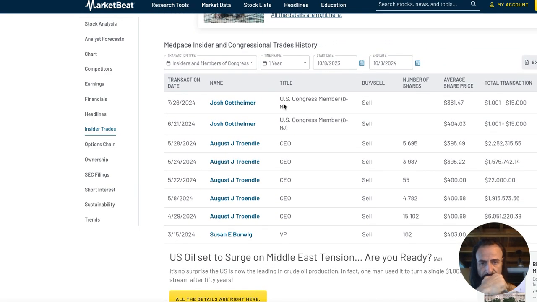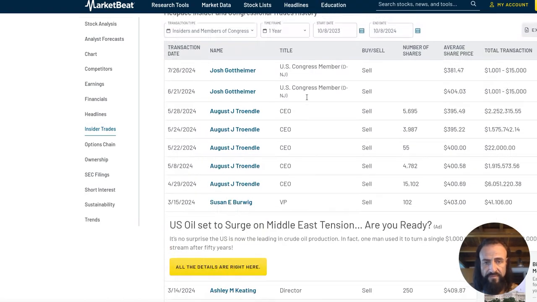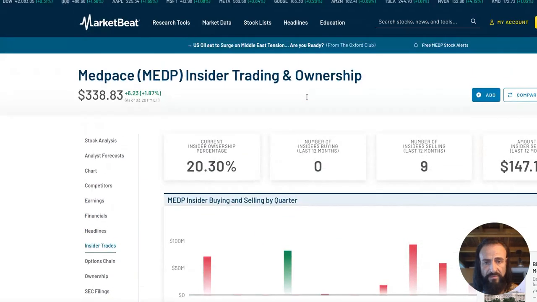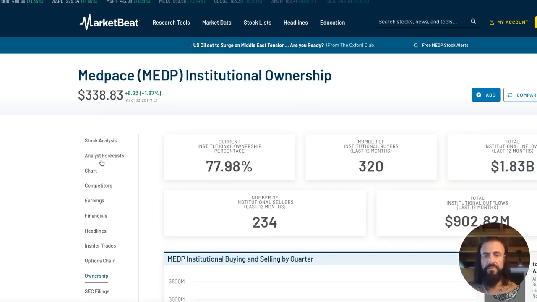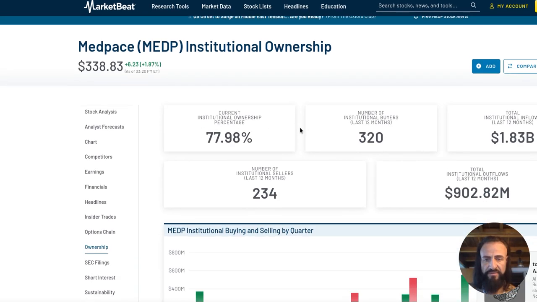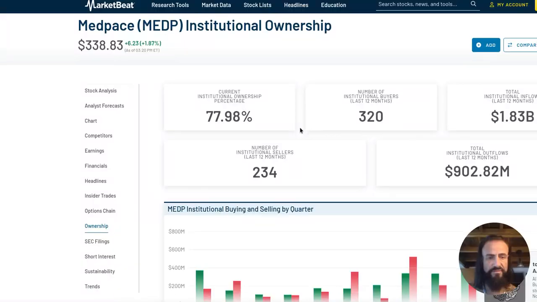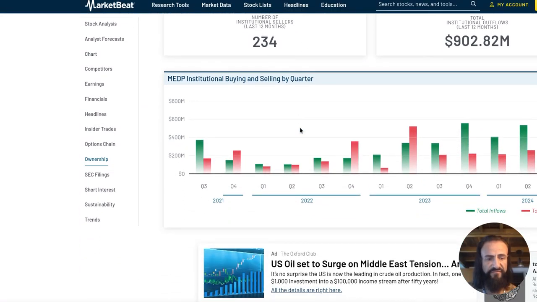The CEO, this is a US Congress member, but you can get a good idea on who owns the companies and what they are doing. The ownership, about 78% owned by institutions, and they've been buying. They are a net buyer of this company.